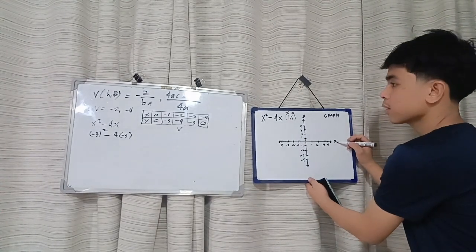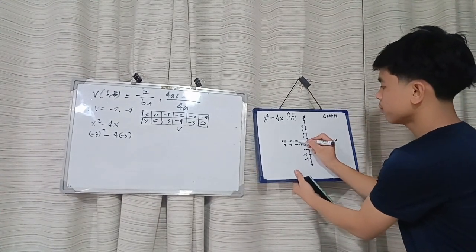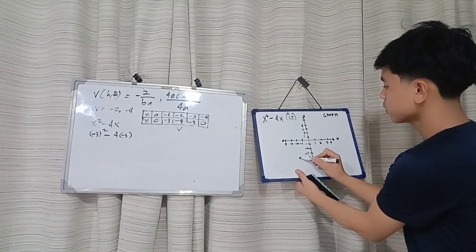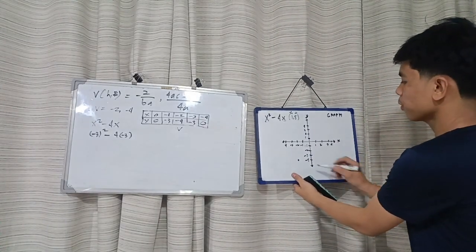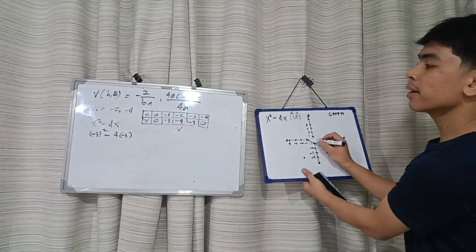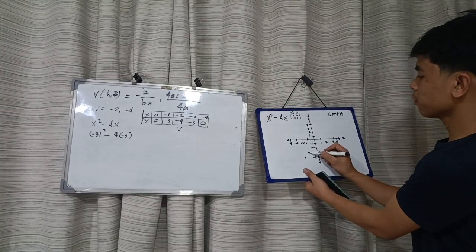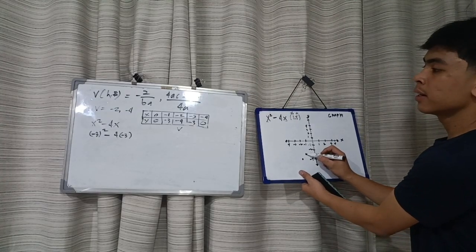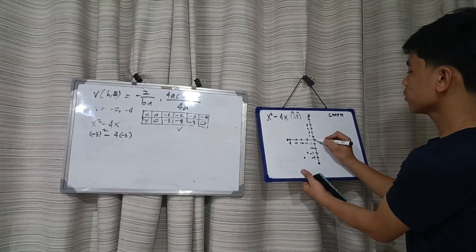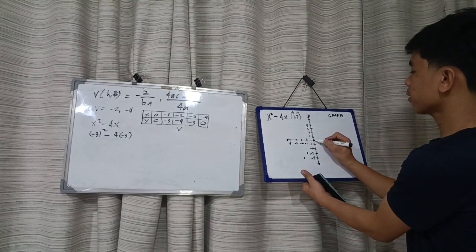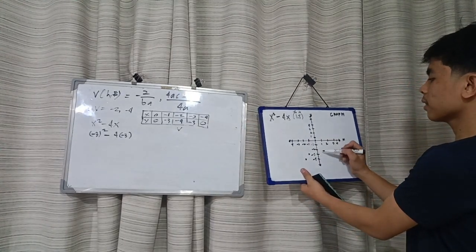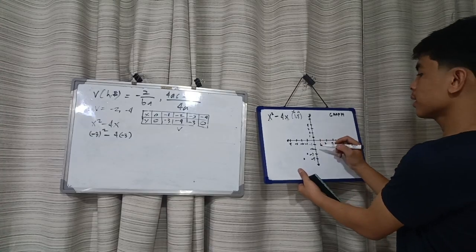Your x is negative 2 and your y is negative 4, so you can point it out here. Then negative 1, negative 3, you point it here. Also 0, since your x is 0 and your y is 0, here. And also negative 3 for x and negative 3 for y.